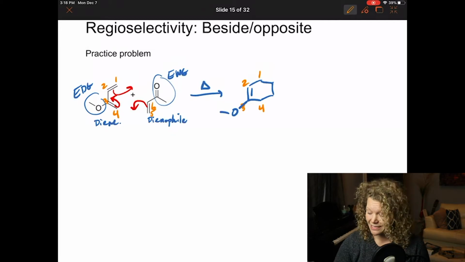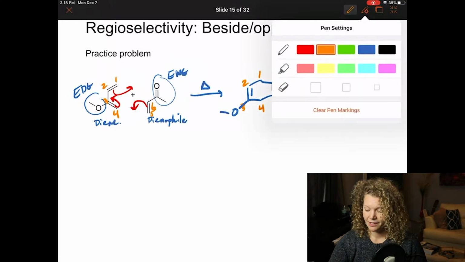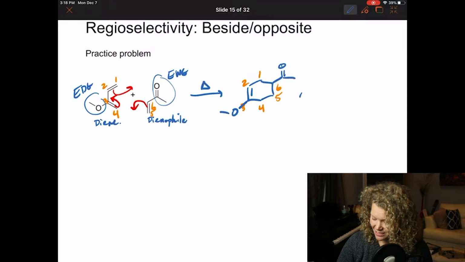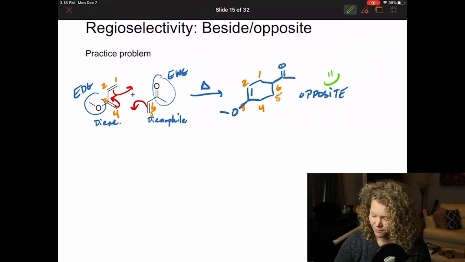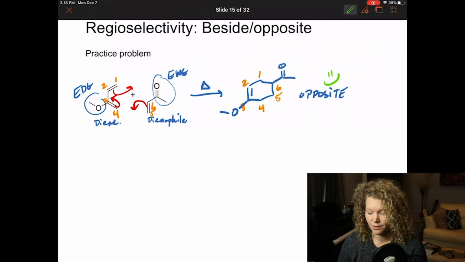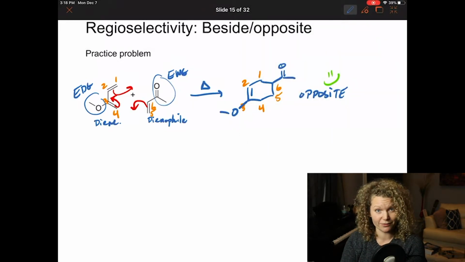The ketone is on carbon 6. The way that I have it shown here is that they are opposite. And from what we just talked about, this is in fact favored. Okay, this is a favored reaction, the favored product here for this Diels-Alder.